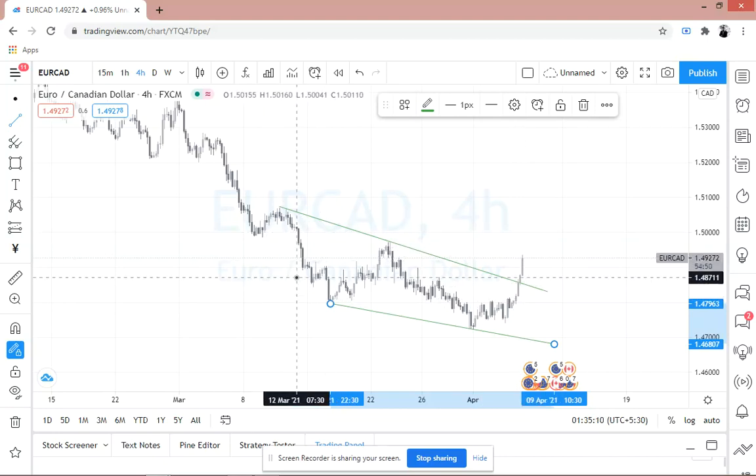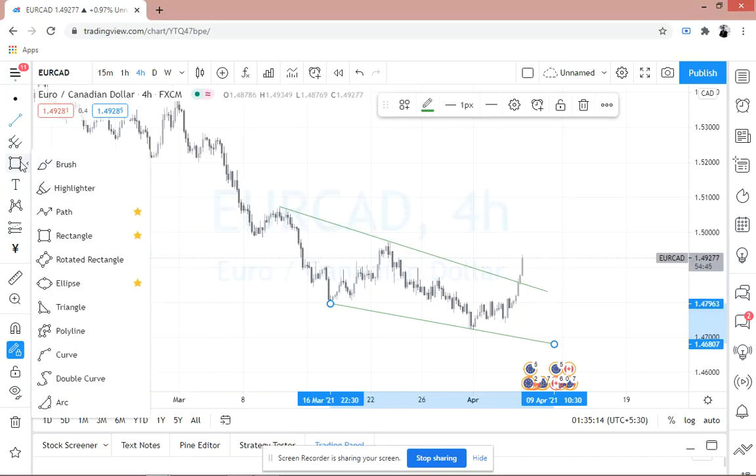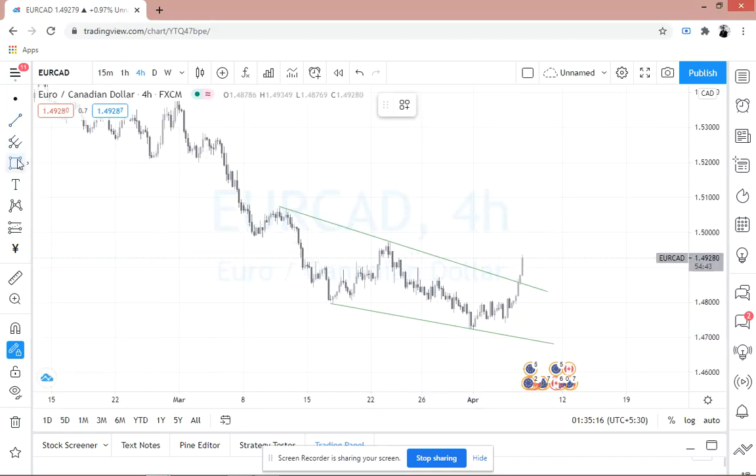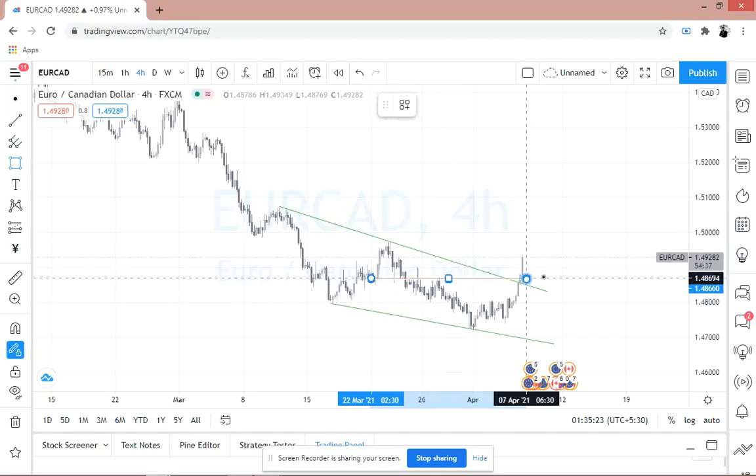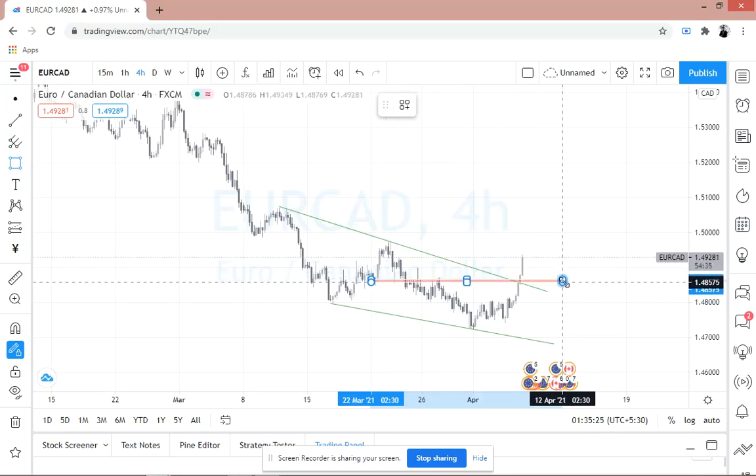So what I'm expecting now is if the market makes a retracement down to this level, we should go long.